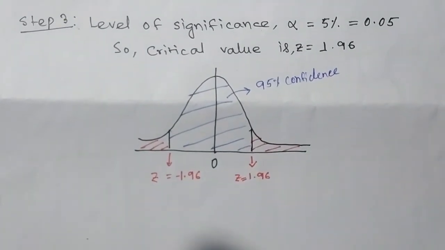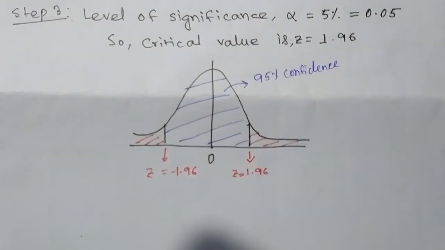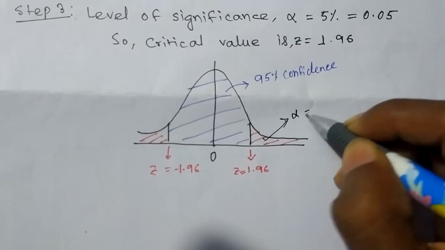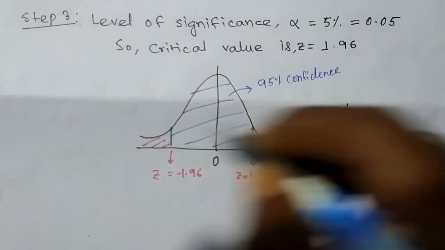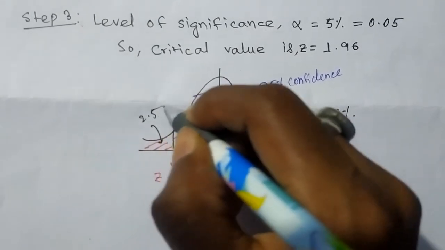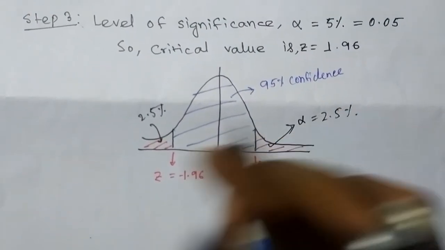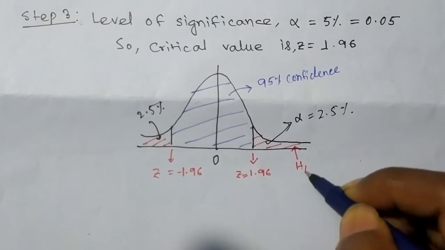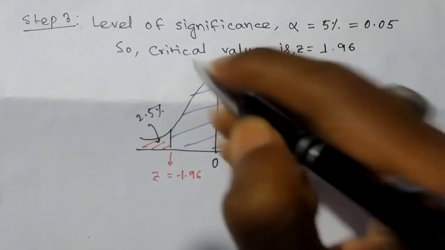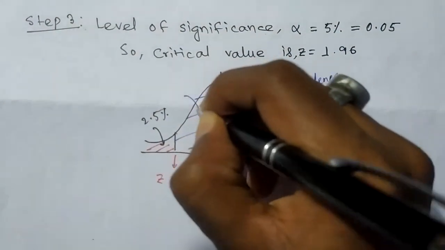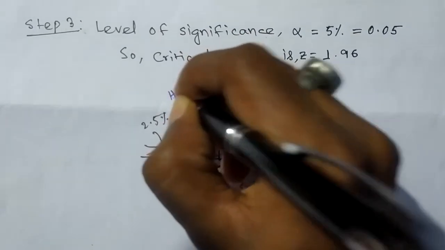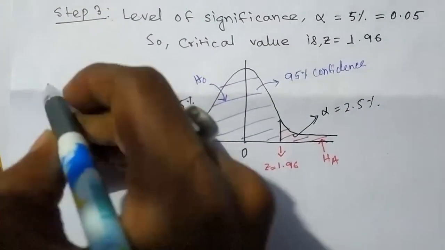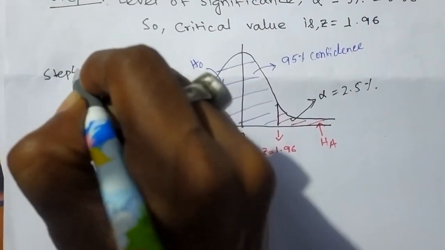My alpha here is 2.5% and here my alpha is 2.5%. So this is the region for the alternate hypothesis, whereas this is the region for my null hypothesis. This is what I do in step 4.